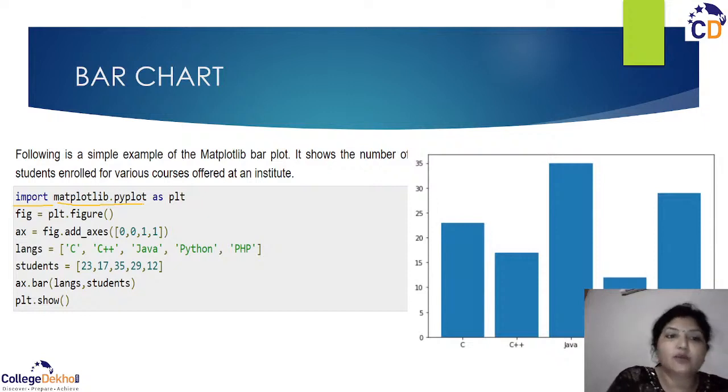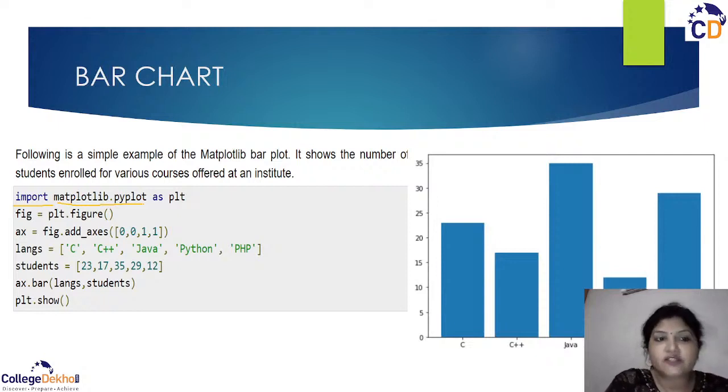Now let us start with how to plot the figure, how to draw this borderline and how to make these categories. Starting with the first part, first you import the library. Then take a figure variable which is calling the function figure.